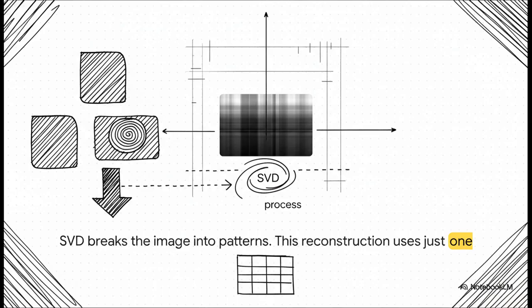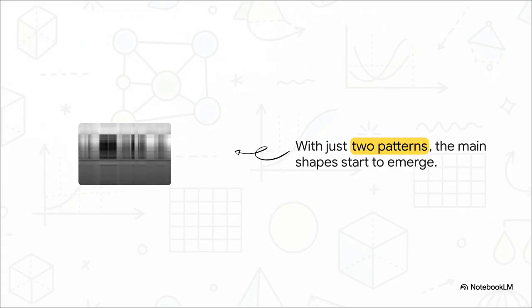So what happens if we try to rebuild the image using only the single most important pattern? Well, you get this. It's blurry, it's abstract, but you can kind of make out some vertical and horizontal shapes. Now, let's just add the second most important pattern into the mix. Okay, things are getting a little clearer now, right? You can actually start to make out the distinct shapes of those giant stones. The essence of the image is slowly coming into focus.